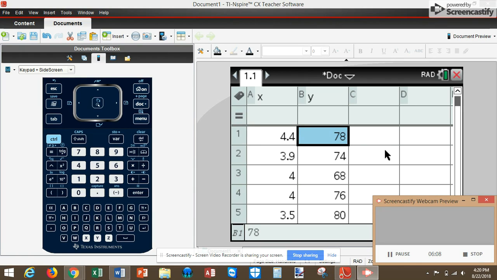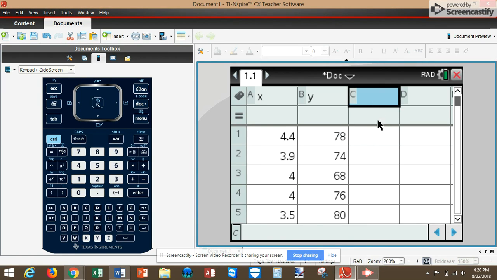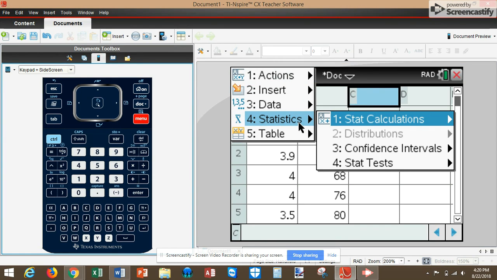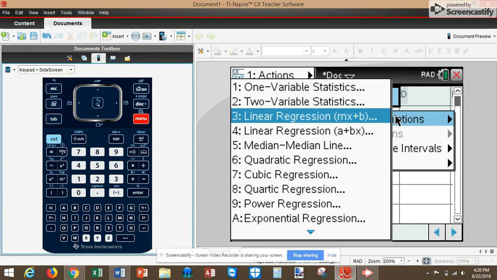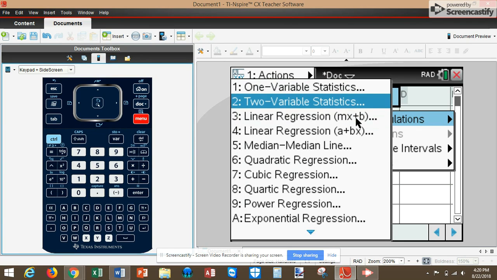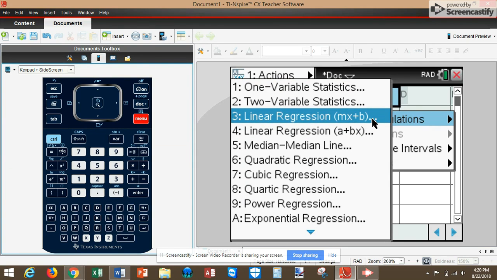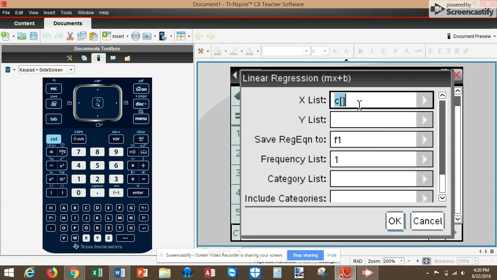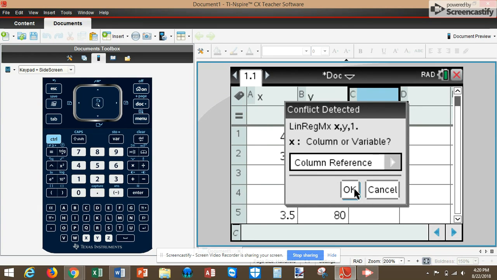Once you have inputted the data, you're going to go into the C column and press Menu, Statistics, Stat Calculations, and then we're going to do number 3, which is Linear Regression, mx plus b, which is our slope-intercept form. For your X list, you're going to select X. For your Y list, let's select Y, and then we'll press OK. And then OK again.